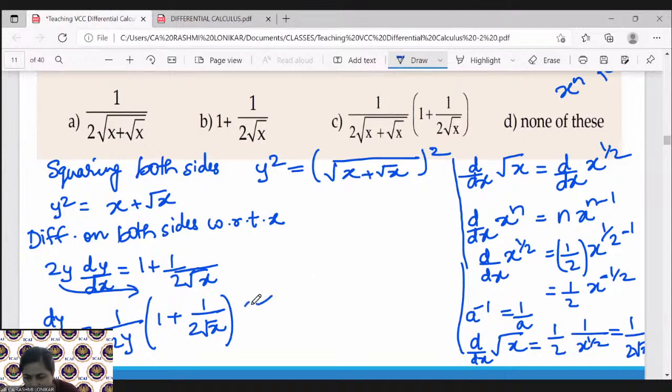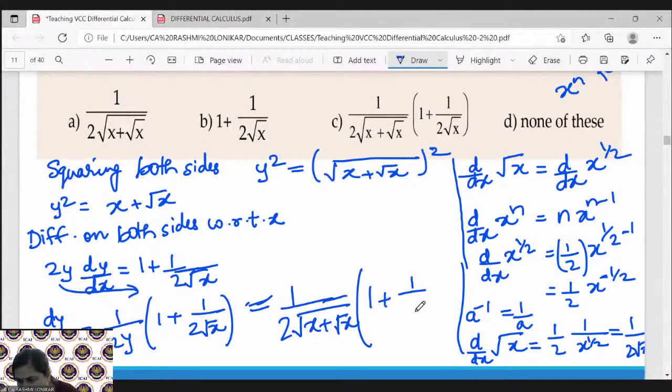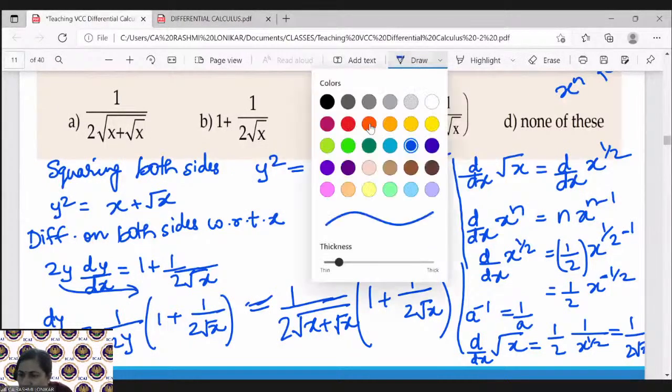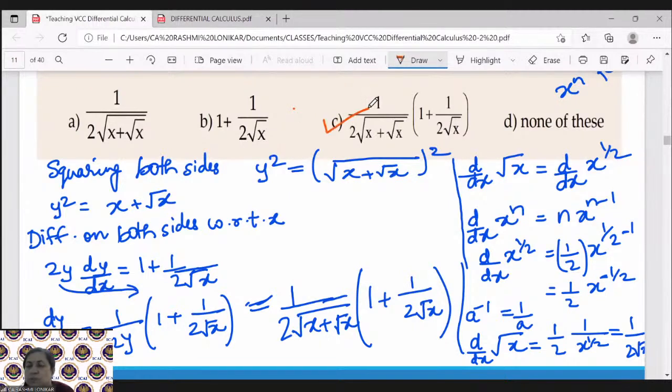So, this is equal to 1 upon 2 into square root of x plus square root of x, into bracket 1 plus 1 upon 2 root x. Okay, this is my answer. Do I have this option? Yes. So, here as you can see, C will be the correct option. Okay.